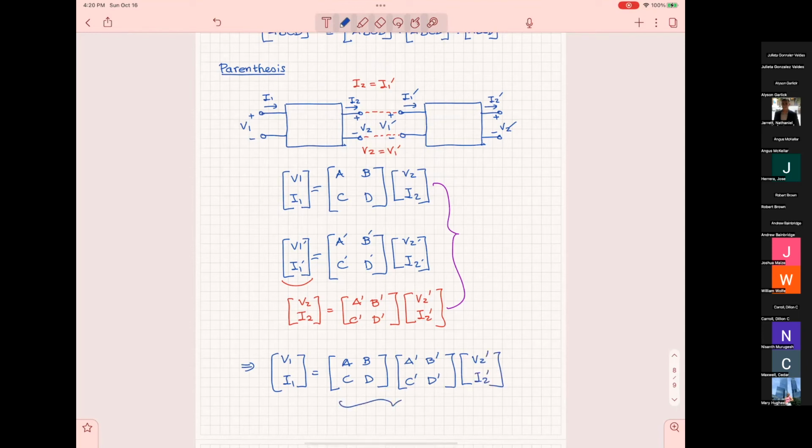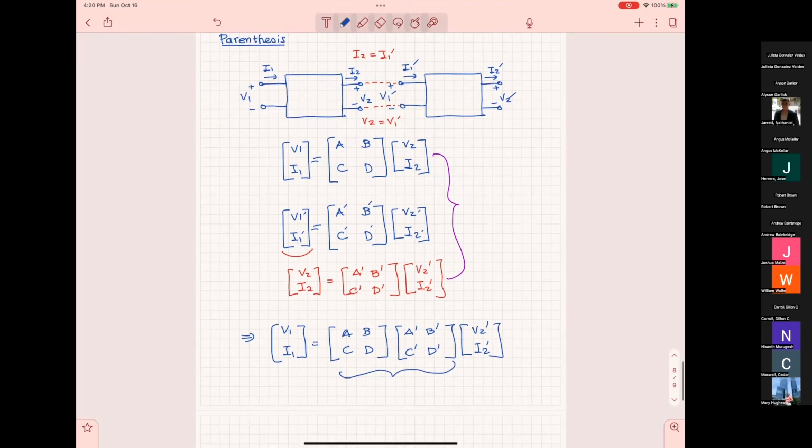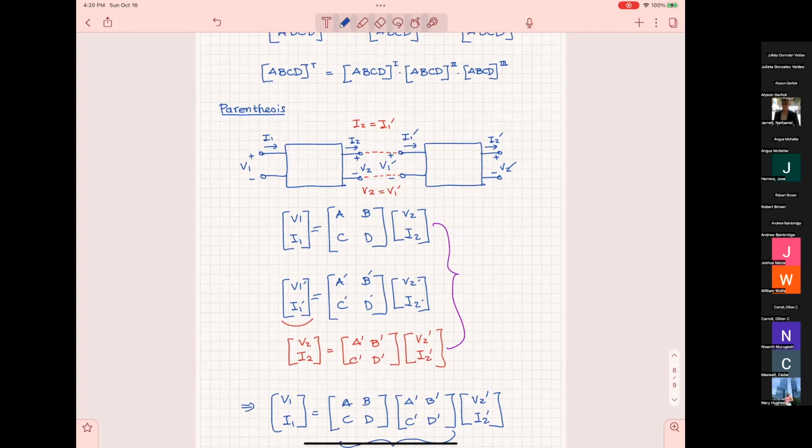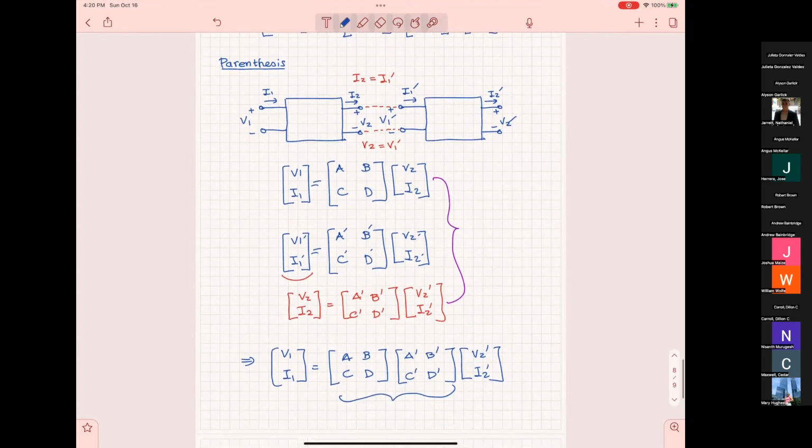That tells me that if I connect two networks serially like this, with this direction of the currents, each with an ABCD matrix, then the product of their ABCD matrices gives the ABCD matrix of the total network, all right?